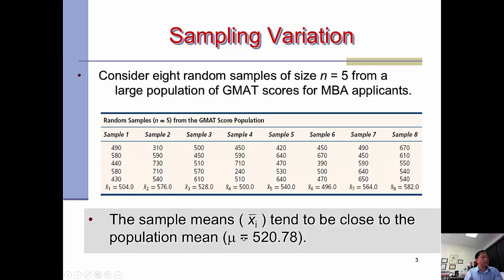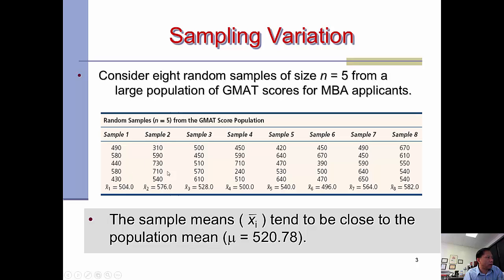By the way, the sample mean is calculated, but the population mean for all the people taking GMAT for the MBA applications in that year is 520.78. So the mu, or the mean of the population, is 520.78. Right? Now the sample 1 is 504. Right? That's for the first sample. Take 5 people, 5 students, 5 applicants.